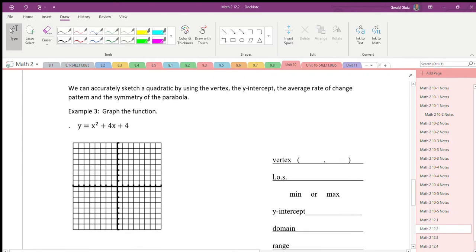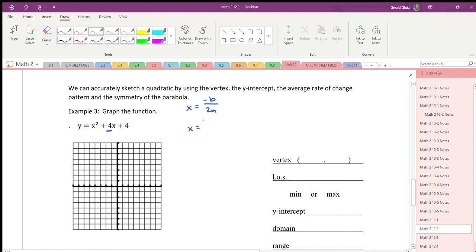So moving on to the next page. So we can accurately sketch a graph by using the vertex, y-intercept, and the average rate of change. So if I wanted to graph this, first thing I could do is I could look at it and say, oh, let's find the vertex and the line of symmetry. So x is equal to -b divided by 2a.